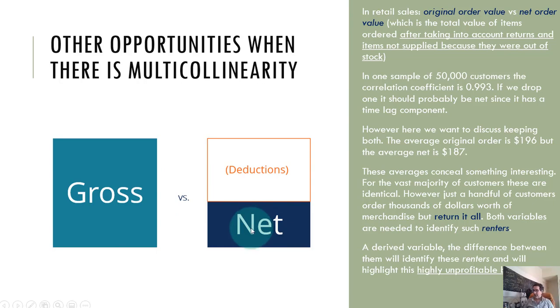That will identify who the renters are, and in terms of our model, it will identify something very important to the machine learning algorithm. Now, of course, after we do that, we could delete these. Or rather, we probably wouldn't delete both of them. As we said, we'd probably delete this one. So we'd have this new variable and this one in our data set.